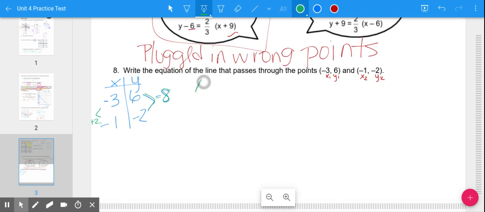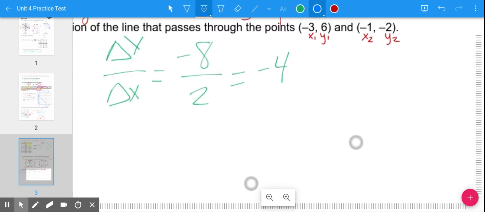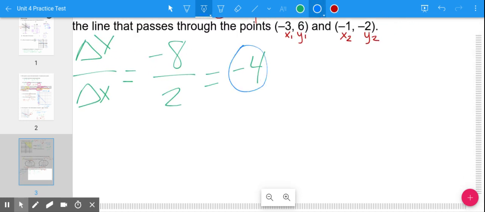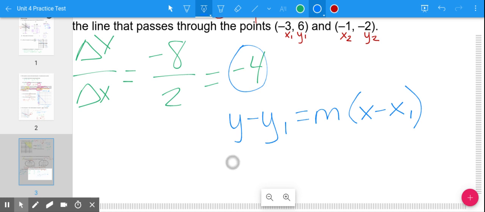So it's your change in y over your change in x. My change in y is -8. My change in x is 2. So my slope is going to be -4. And then I'm going to pick a set of points to plug into my equation. So my equation is y minus y1 equals m times x minus x1. So I'm going to do y minus my y1, because I'm going to pick this first set of points. It doesn't matter which set of points you pick.